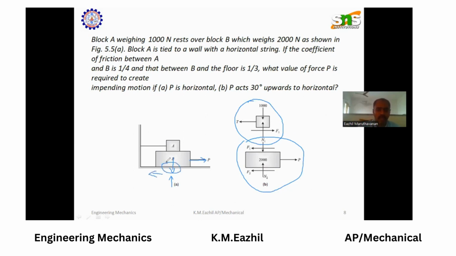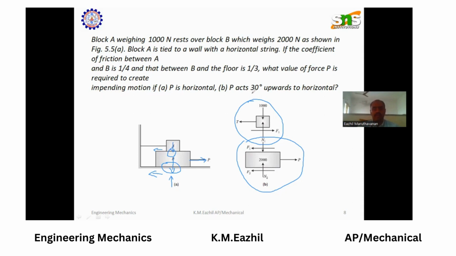One is between the block and the floor, the other is between the blocks. So the friction force F2 over here, and the other friction force F1 over here, in the opposite direction of the applied force. Block A's weight will be acting downwards, therefore the reaction force will be in the opposite direction for block A. So the reaction force N1 over here.